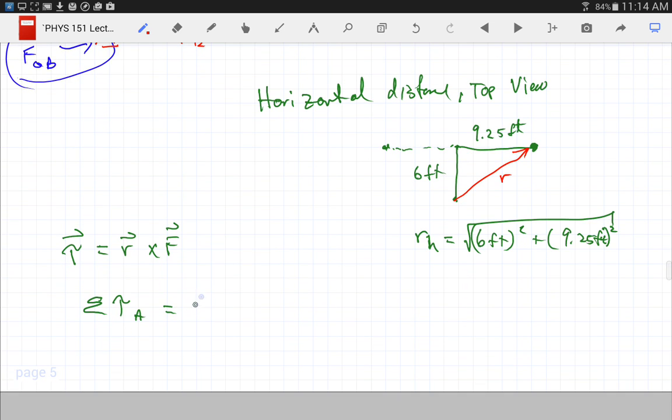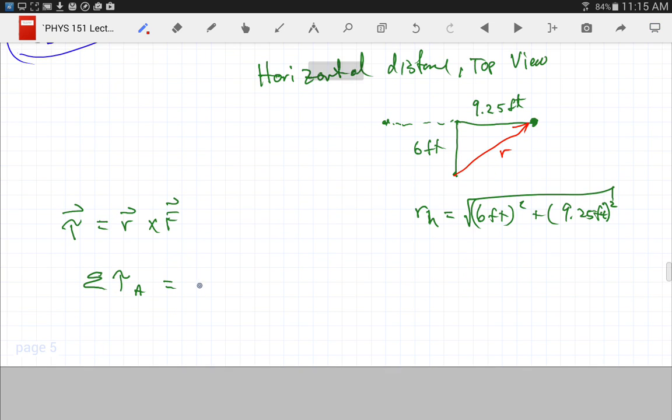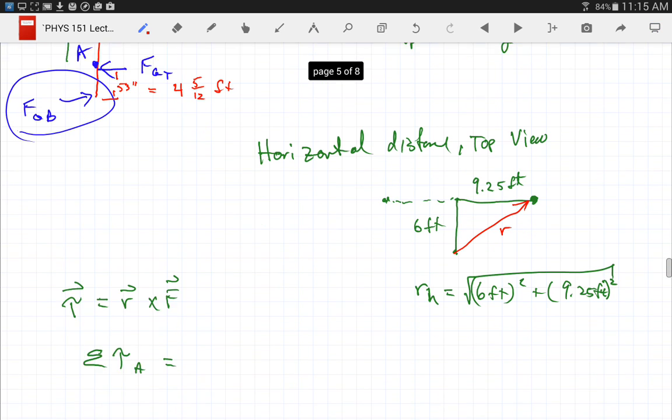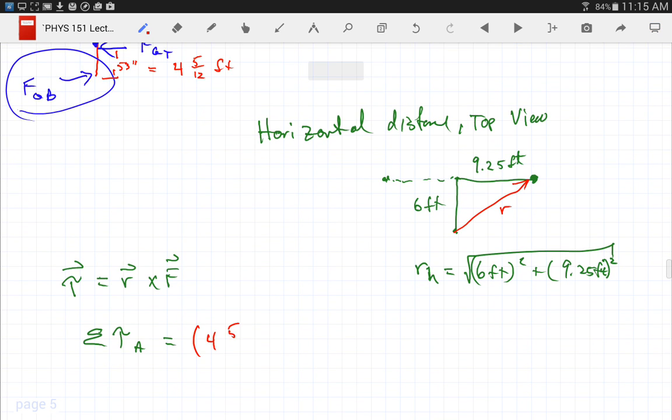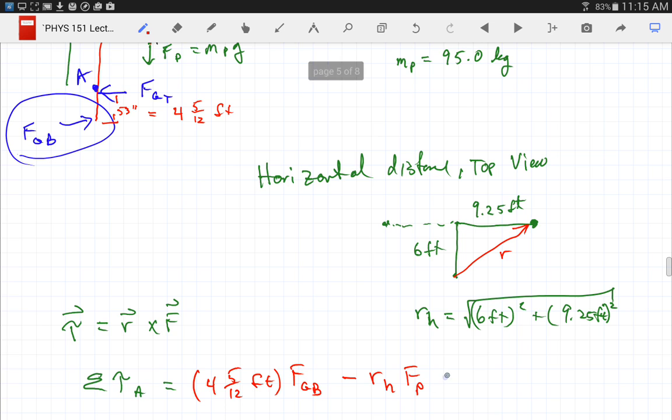So now when I do my torques, that would be going the opposite direction. I have to choose one of them as positive, since the one for the person was going generally into the screen, that's going to be the one I put as negative. So I'll have the 4 5/12 feet multiplied by force ground B minus the RH times the force of the person, and that's equal to 0 because it's in equilibrium.